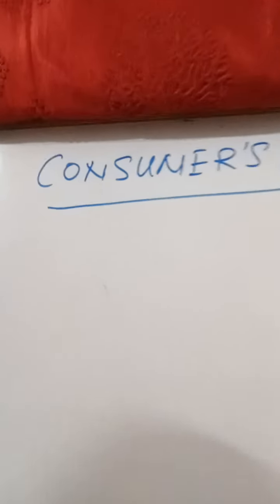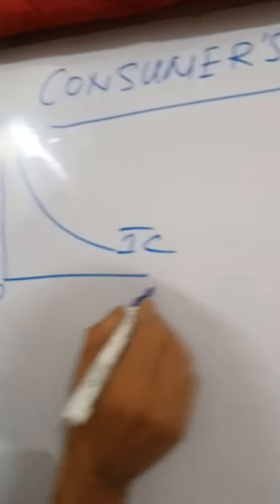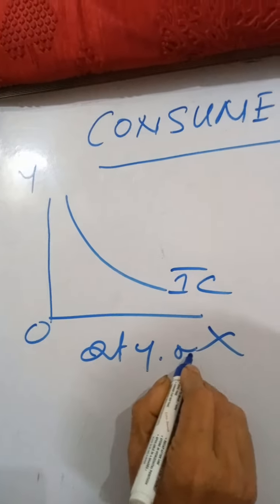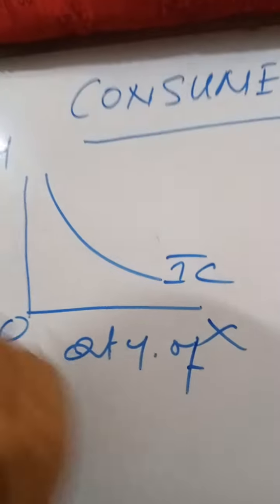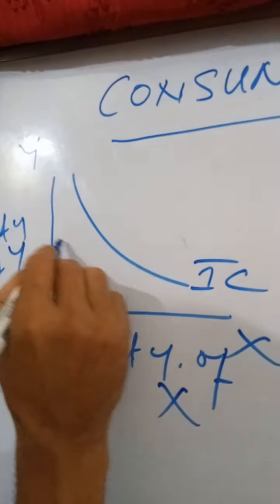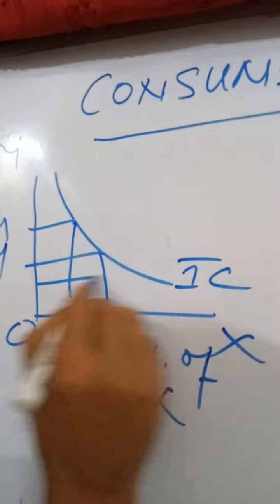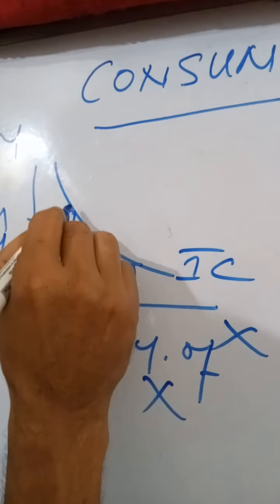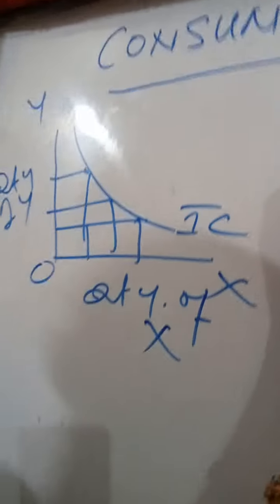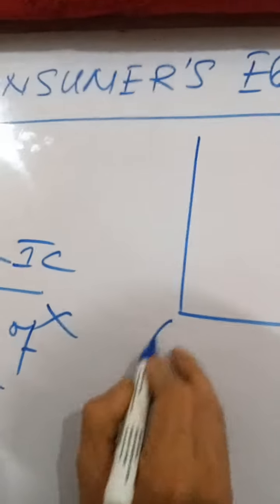Now this is indifference curve. This is quantity of X, and here quantity of Y. The consumer is indifferent among all these points, and here you draw a budget line.